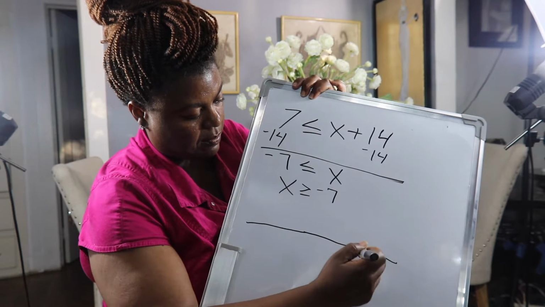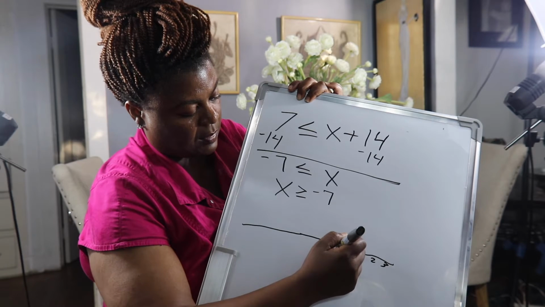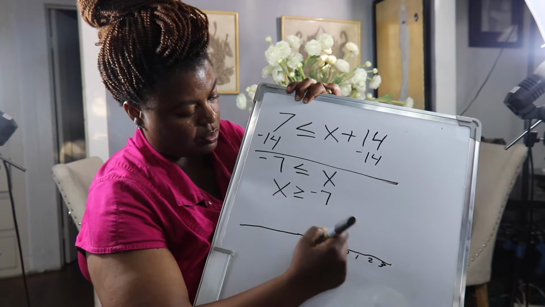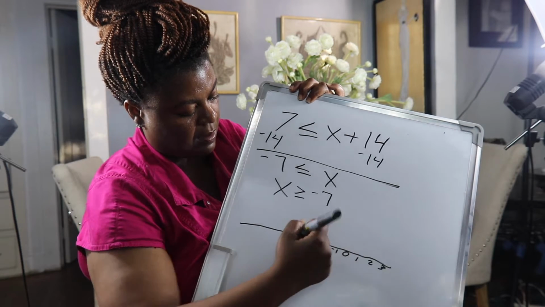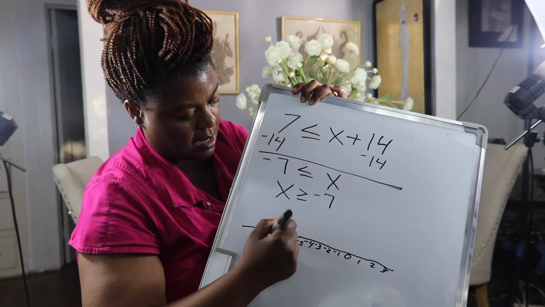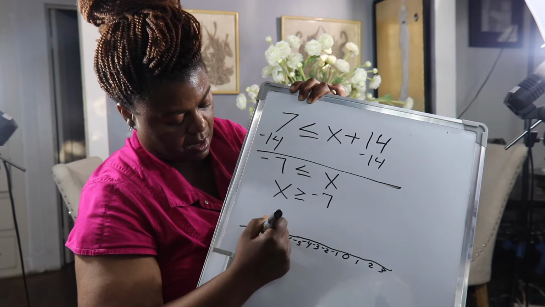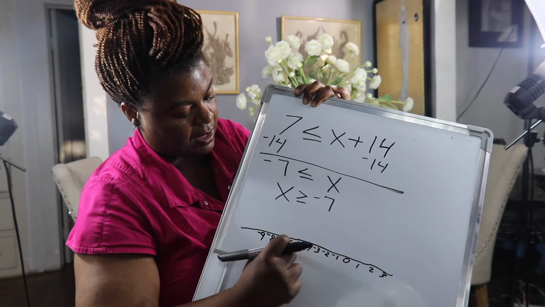0 is here. 1, 2, 3. Negative 1, negative 2, negative 3, negative 4, negative 5, negative 6, negative 7, negative 8, negative 9. All right, so our x is going to be greater than.